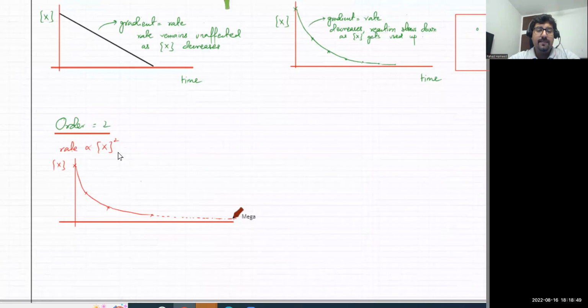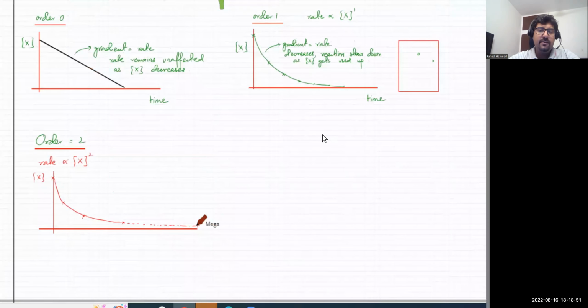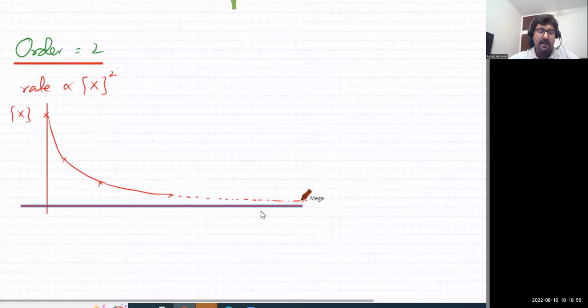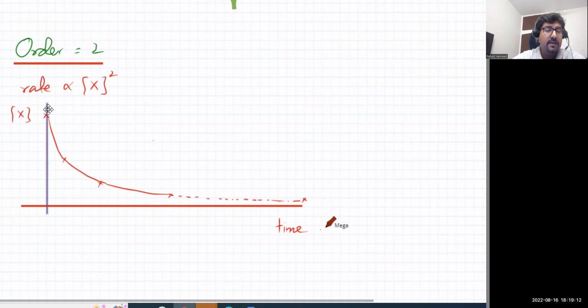So this is kind of similar to this graph, but the reaction is actually slowing down, and the time taken continues to increase by a much bigger margin. Because every time the concentration decreases, the rate does not decrease proportionally, it decreases by a much bigger amount. Concentration decreases to half, rate decreases by 1/4. So it takes a much longer time every time.